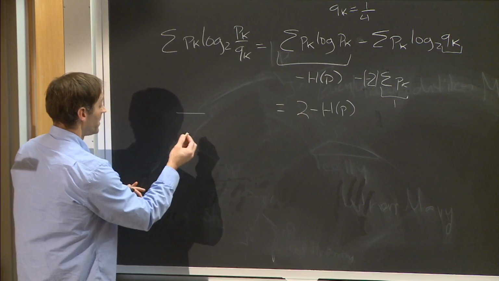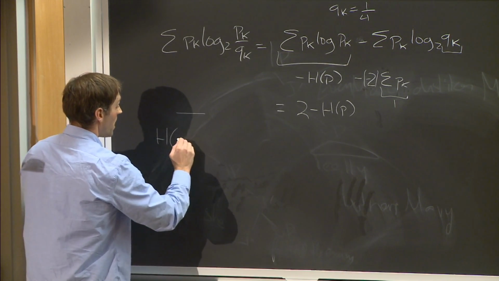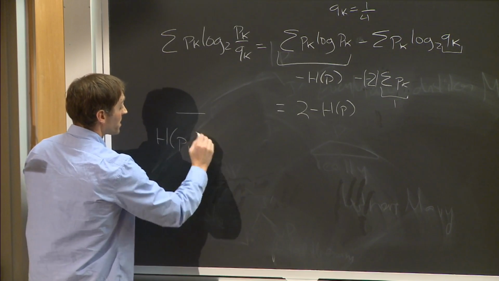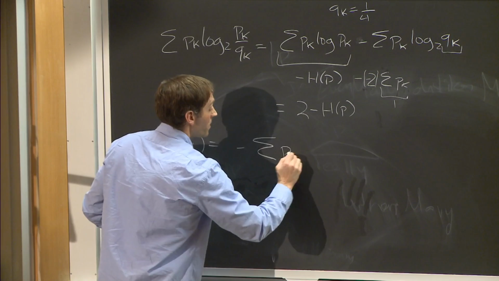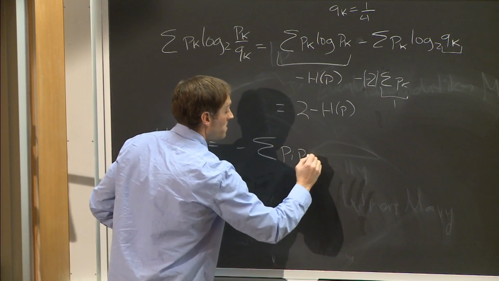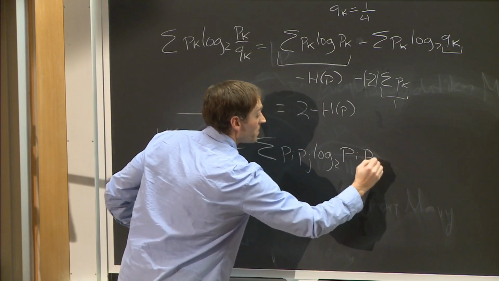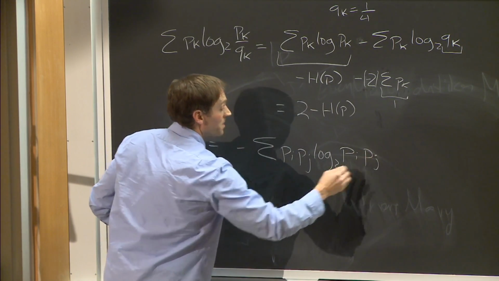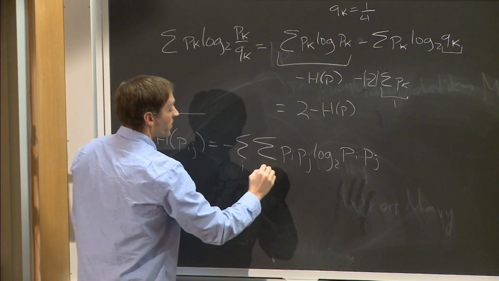So in that case, let's just take the entropy of a model on dinucleotides. That would be minus summation p_i p_j log p_i p_j if you have a model where the two are independent, and this sum would be taken over both i and j.